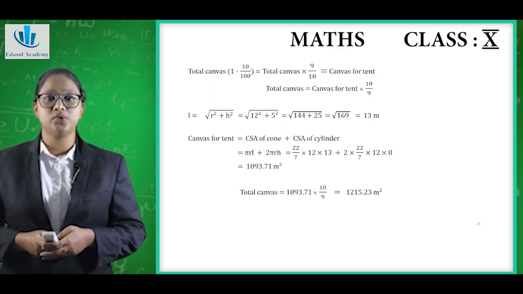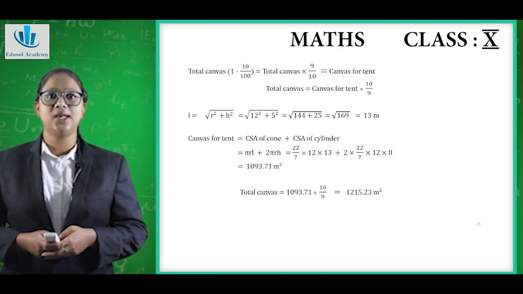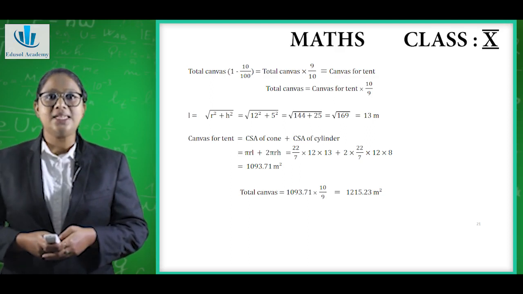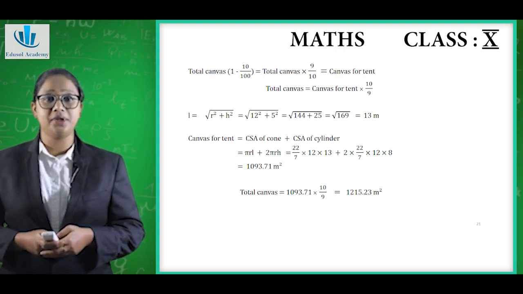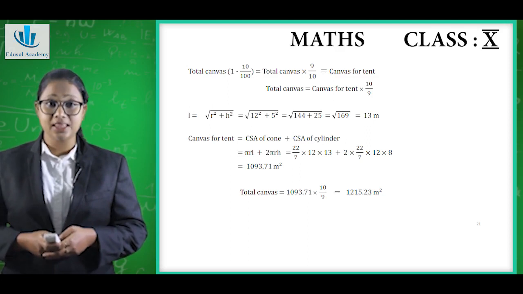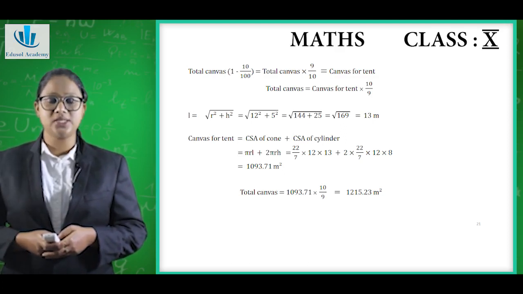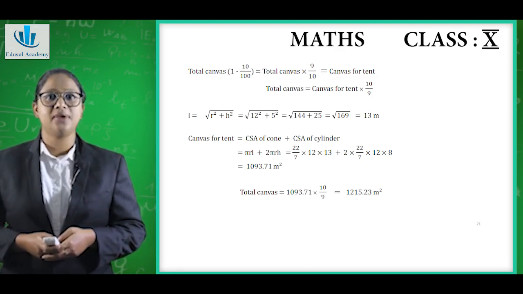Before moving on to the numericals, let's find out the slant height of the conical part. L is equal to root of r square plus h square. Equating all the values, we will get L is equal to 13 meter. Now the canvas for tent can be written in mathematical form as pi rl plus 2 pi rh. That is equal to 22 by 7 into 12 into 13 plus 2 into 22 by 7 into 12 into 8.